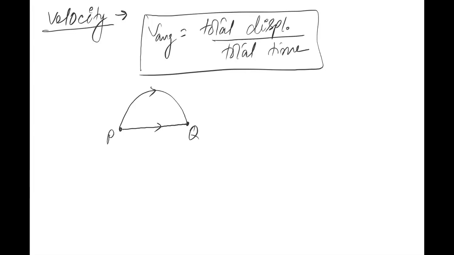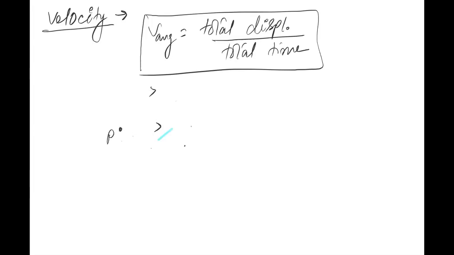So whatever is the shortest path between initial and final position, that is basically called displacement. And if I go from P to Q along this straight line, let the time taken be T. So just divide this displacement by the time taken to go from P to Q along this shortest path. This will give you the average velocity.